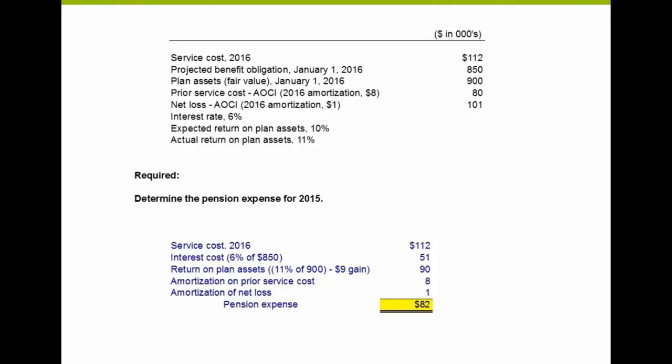Notice that we're looking here at the expected return on plan assets, which is $90,000. We have the amortization of the prior service cost, and the amortization of the net loss. That's $8 and $1 respectively, and thus the pension expense is $82.